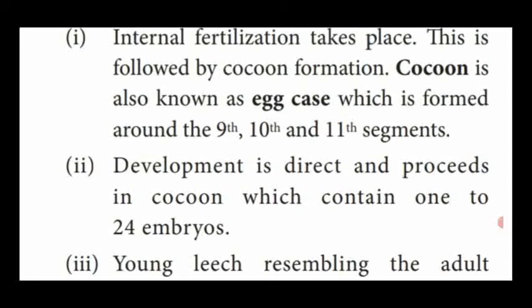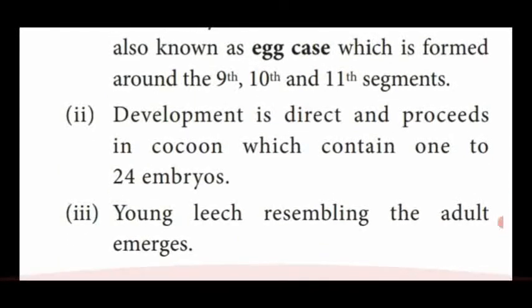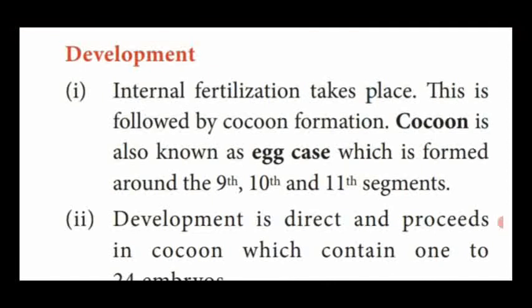The development of the embryo takes place directly in the cocoon case, or egg case. One to 24 embryos are produced in the cocoon or egg case. The young leech resembles the adult one.